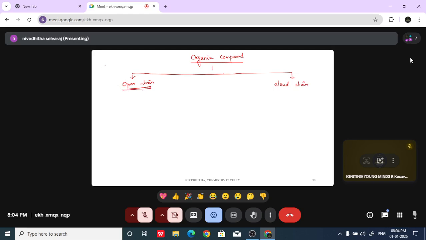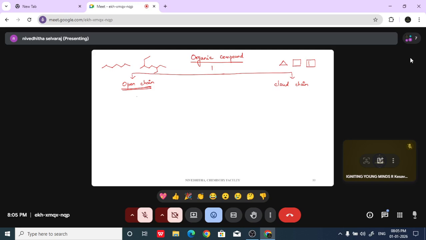If the compound is like this, a straight chain, or if the compound has branches like this, then that is considered to be an open chain organic compound where the carbon atom is the backbone. As far as closed chain compounds are concerned, it will be like a ring.